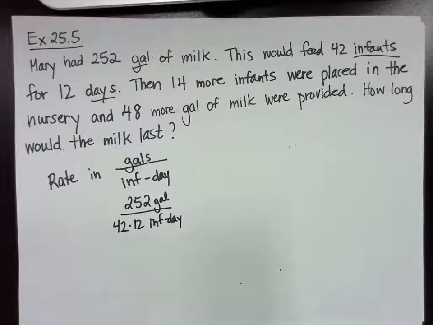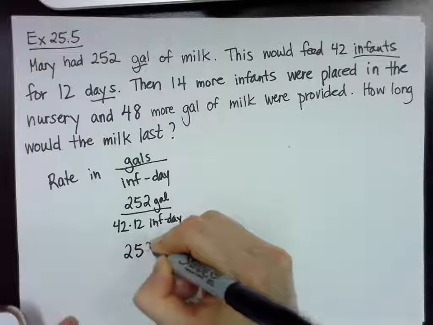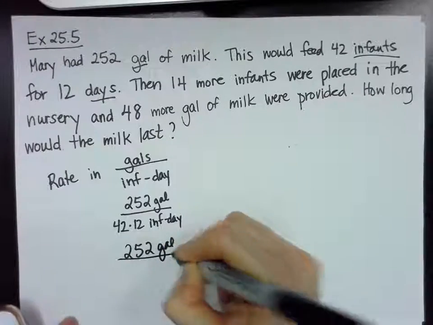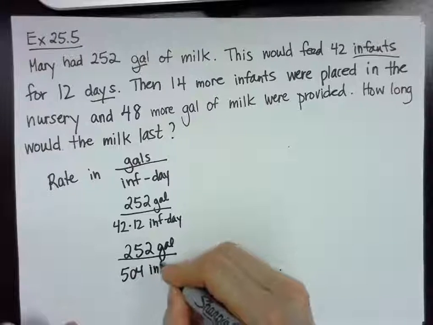And let me calculate what that is. 42 times 12. So that's 252 gallons for 504 infant days.